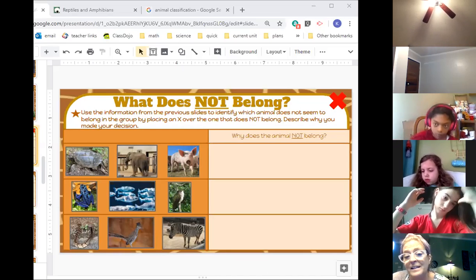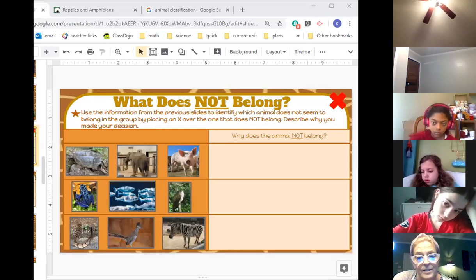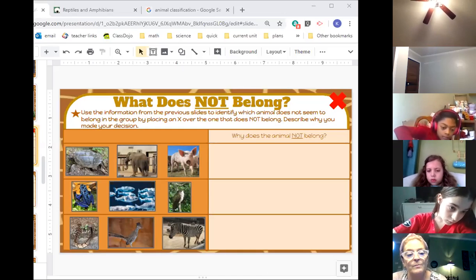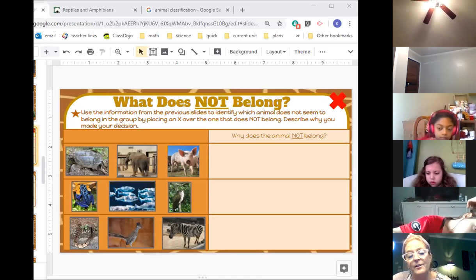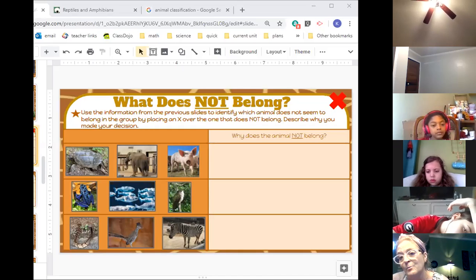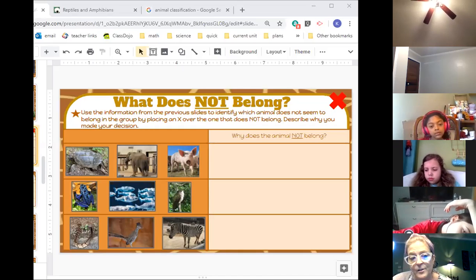Well, they're right. And I guess it's a lot to type. Yeah, turtle because it's a reptile. The other two are mammals. Good. Because the elephant and the pig, they're mammals. That means they give birth to live babies. And that's why they're mammals. So that's the difference in those two.